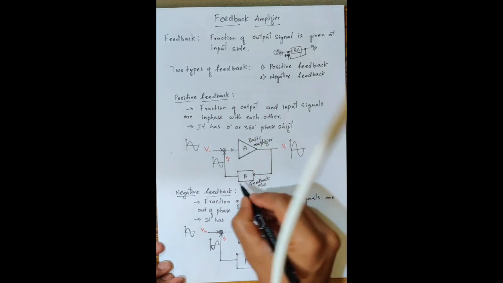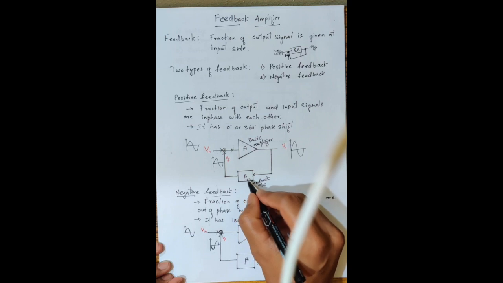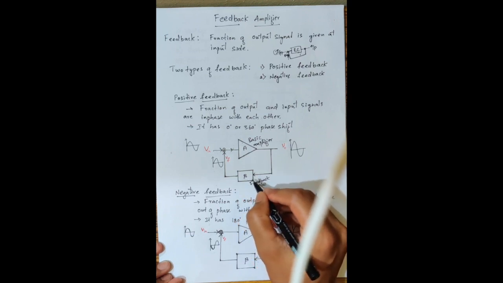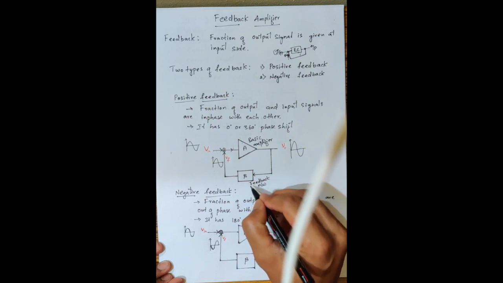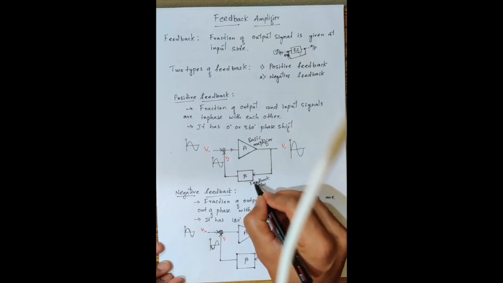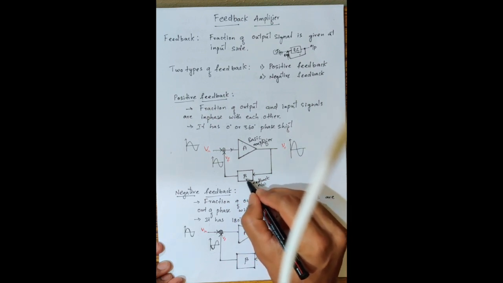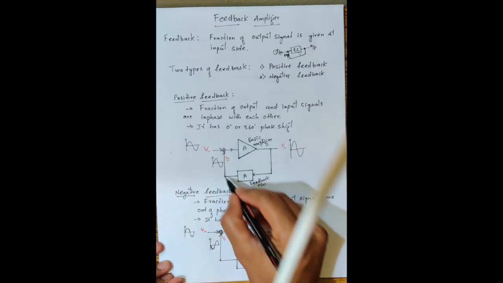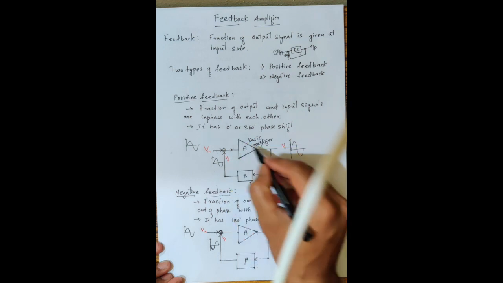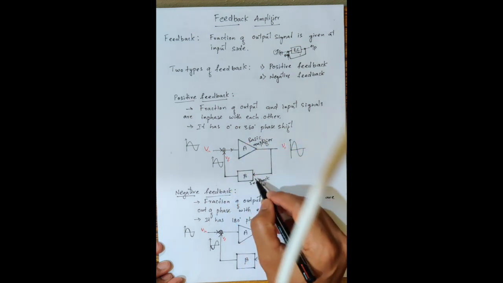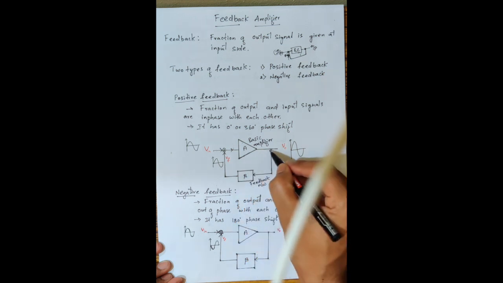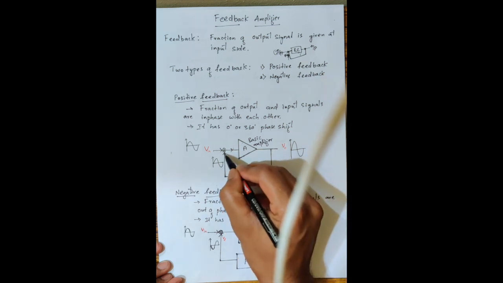This feedback network may be constructed using passive elements like resistor, capacitor and inductor. The gain of the feedback network is beta. It is also called the feedback factor. So in a feedback amplifier, there will be a basic amplifier and a feedback network. Using the feedback network, the fraction of output is given to the input side here.